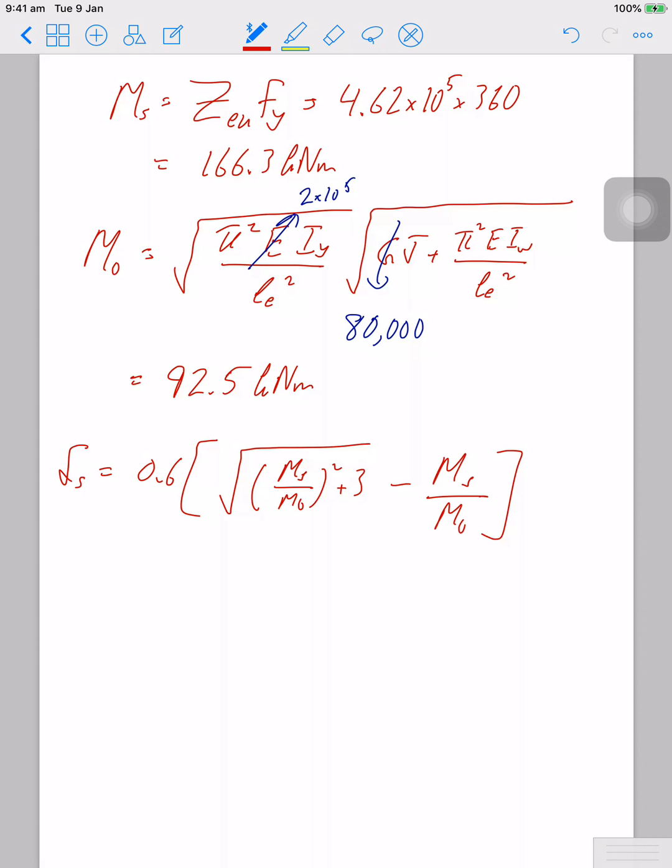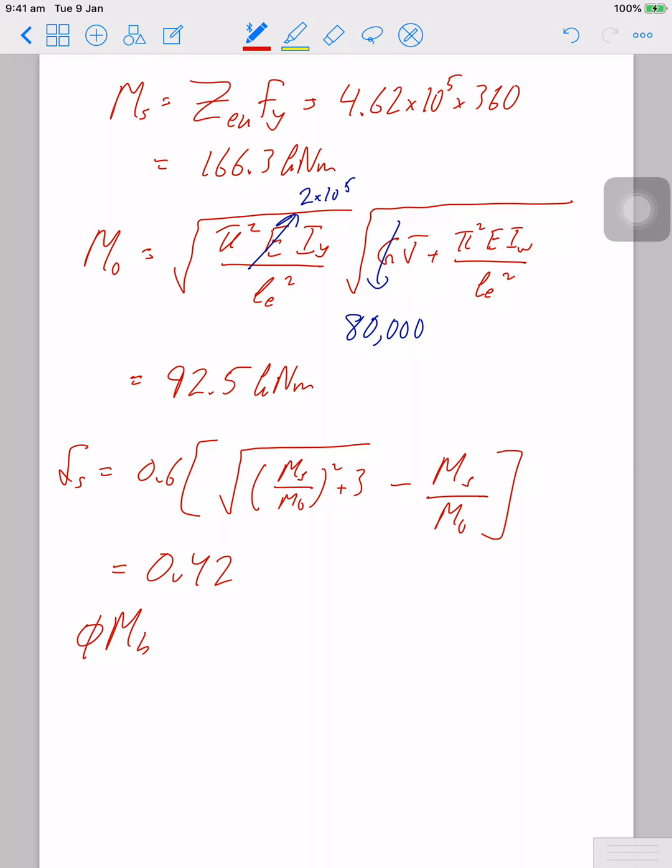No, it's not squared. Sorry. I think in class I put a square up here. That's actually wrong. It's not squared. Got mixed up with one of the other courses. So your alpha s is 0.2.